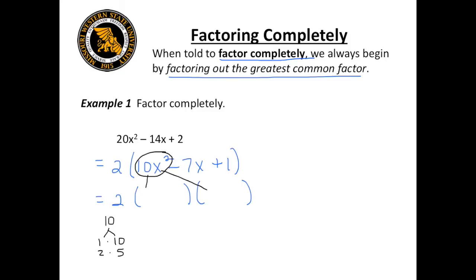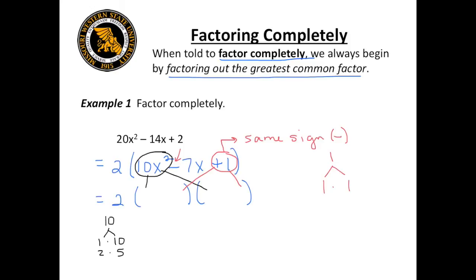Furthermore, the factors of the positive 1, the third term in our trinomial, will go in the back of the binomial. Since this term is positive, that tells us that the factors of 1 that are to go in the back of our binomials will have the same sign. Furthermore, since our middle term is negative, that sign will be a negative sign. 1 has only one factor pair, and that's 1 times 1.